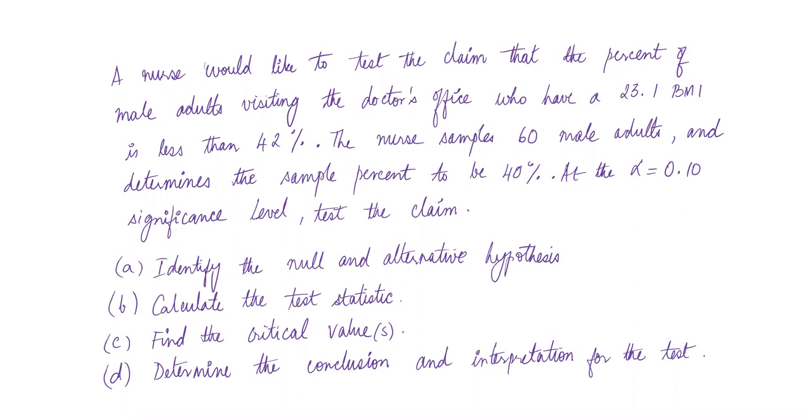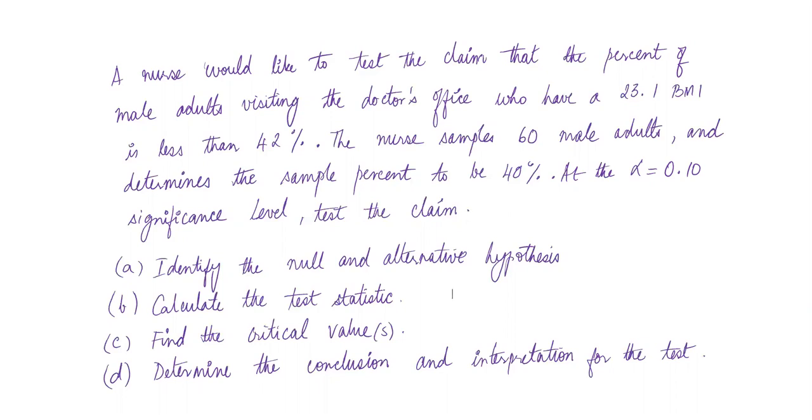Again, reread the problem until you understand this. A nurse would like to test the claim that the percent of male adults visiting the doctor's office who have a 23.1 BMI is less than 42%. So there are male adults visiting the doctor's office, and among them, those who have that BMI value is less than 42%.